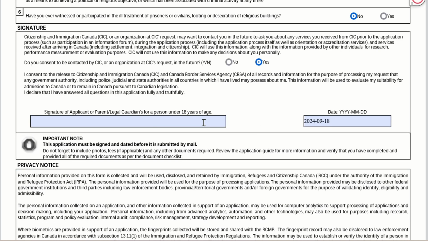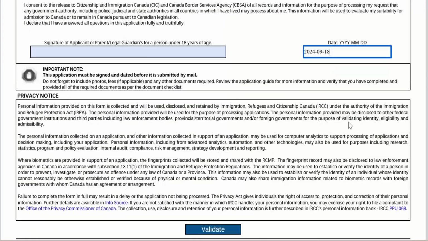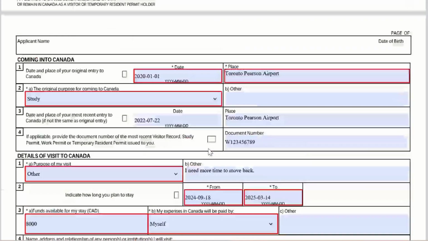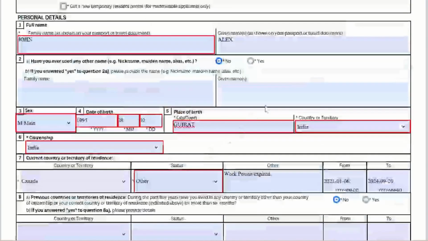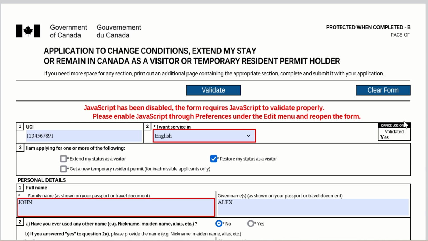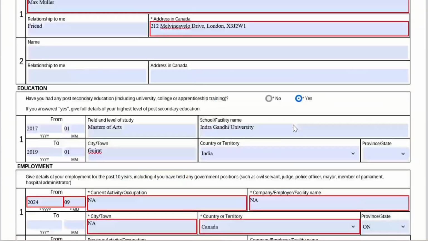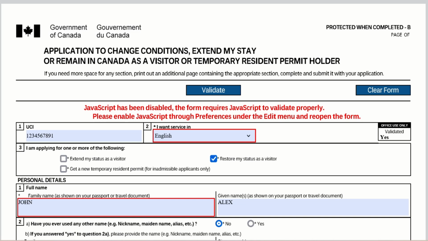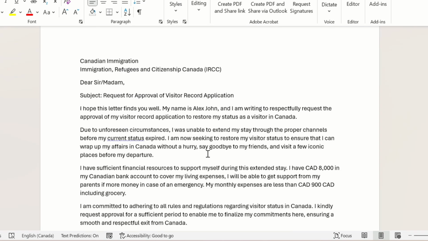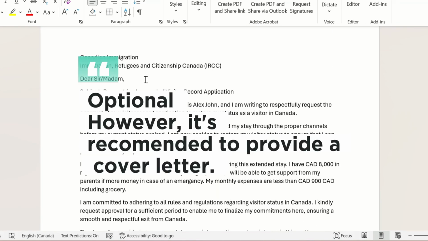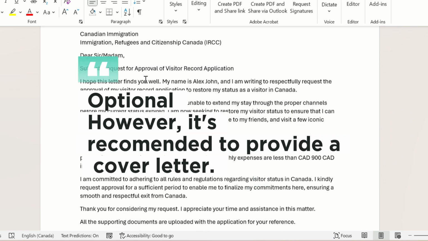Yes. Here, you don't need to put anything. Date and then validate. After validating, you will have this one checked out, and you will usually get a barcode. That's all here, and then you should be giving them a cover letter that explains your situation more.